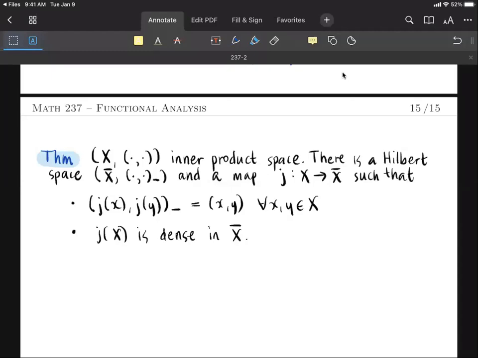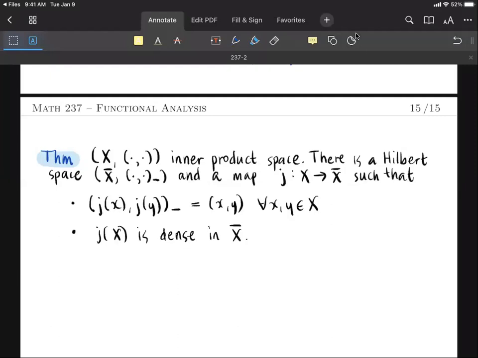So to close the section on Hilbert spaces, let us state this theorem, which is in the same spirit as what we have already mentioned in the case of metric spaces and normed spaces.